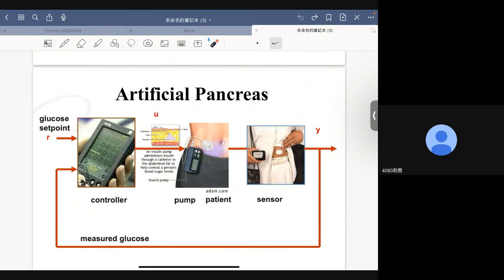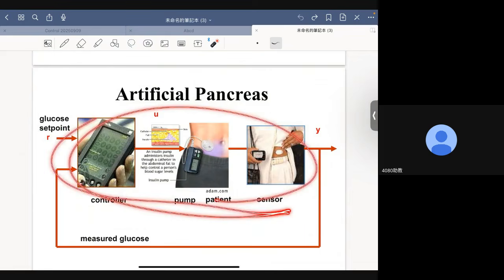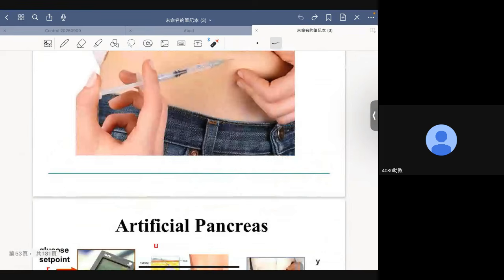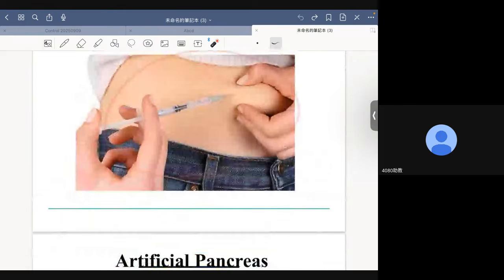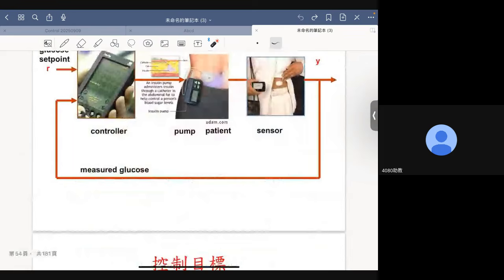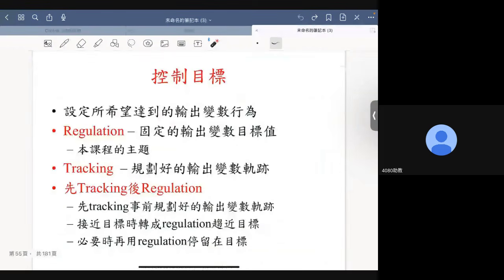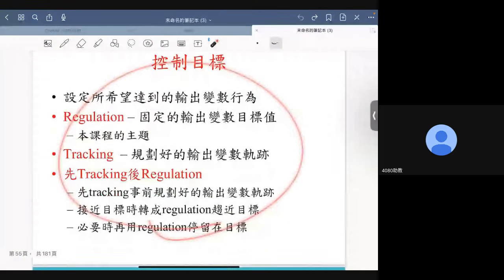Wouldn't that be a much better alternative than this, right? So feedback control is not just for mechanical or electrical engineering systems. It exists everywhere, including healthcare. Okay, I'm sorry. Next time we'll change everything to English.